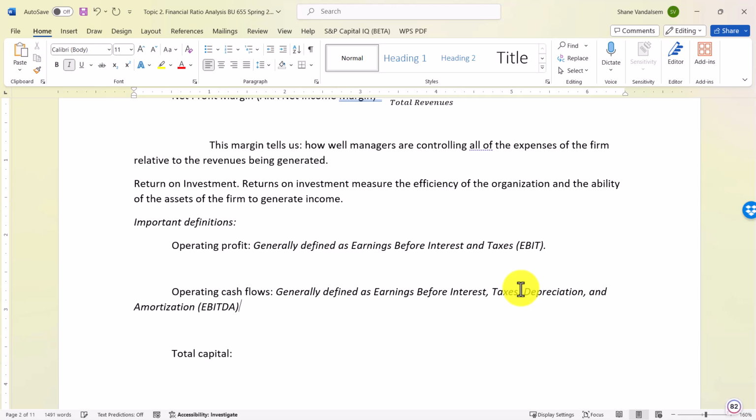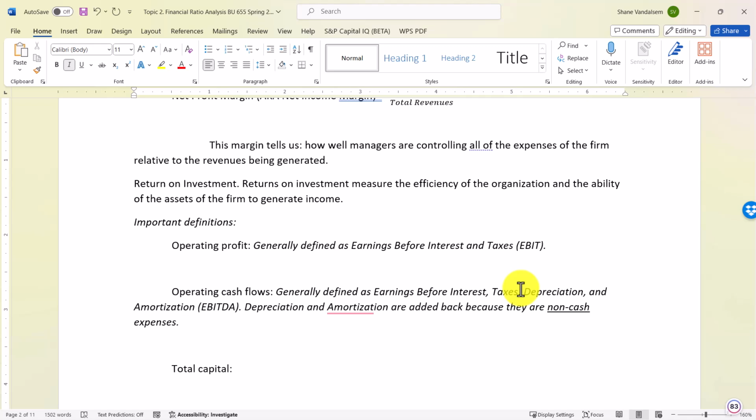Depreciation and amortization are added back because they're non-cash expenses. So when you see depreciation expense or amortization expense on an income statement, these are expenses that they are recognizing, but they're not actually expenses that they're paying cash out for.